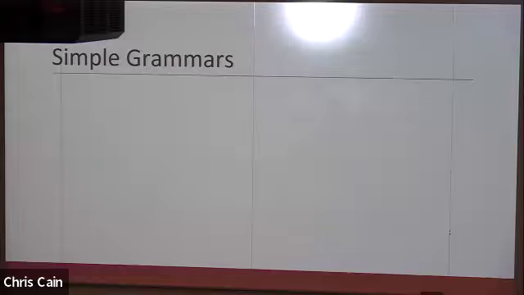Last thing we'll cover for the day is the concept of a simple grammar. This is going to be true throughout the course: lots of different names for lots of different classes of things. So a regular grammar, you might get confused with a simple grammar because regular languages are simpler in some sense than context-free languages, but that's going to lead you astray because simple grammars represent types of context-free grammars.